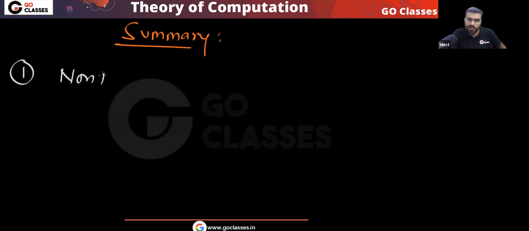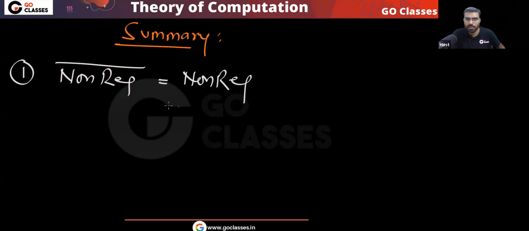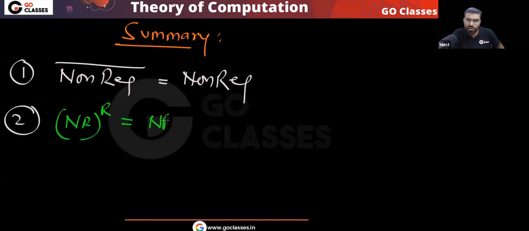Let me give you the summary so far. The first thing we have seen is that the complement of non-regular will be non-regular. The second thing: the reverse of non-regular will also be non-regular.